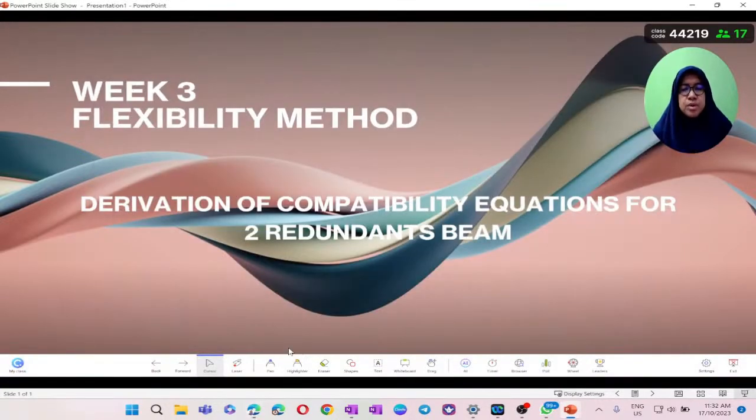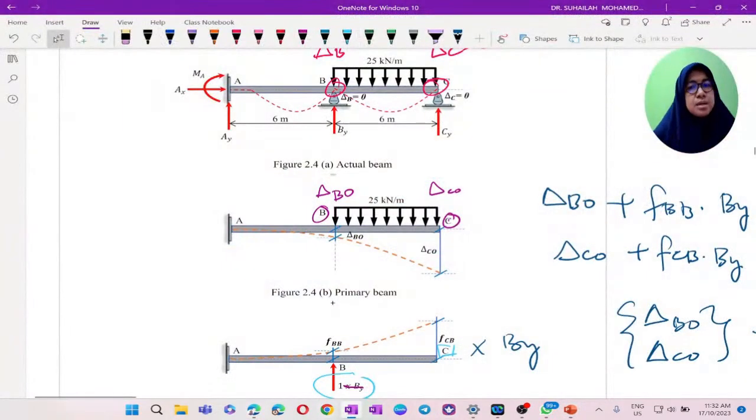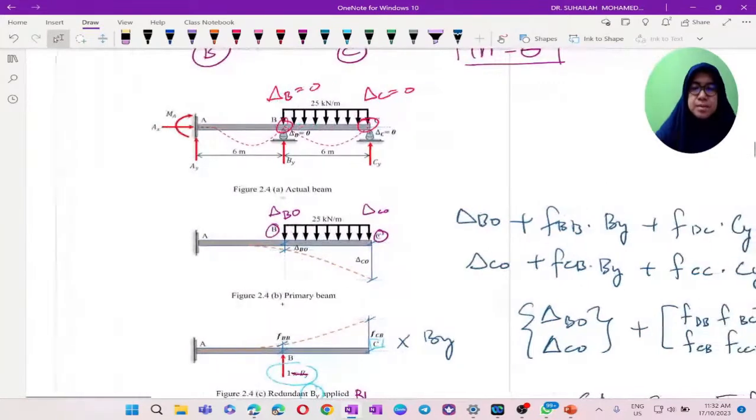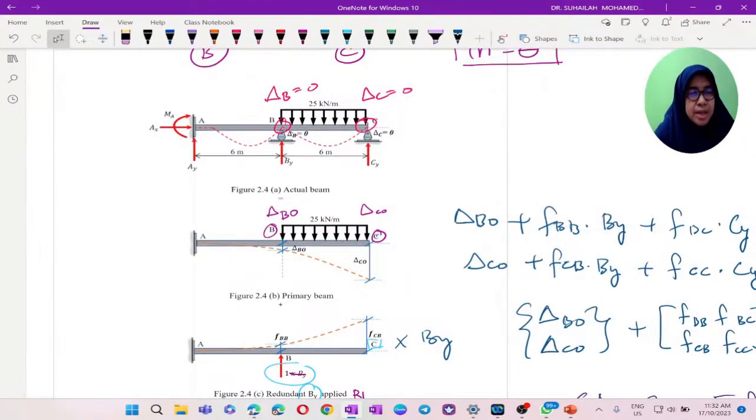Okay, so we go back to the OneNote here. We are going to write the compatibility equation. There are two equations because of two redundants.